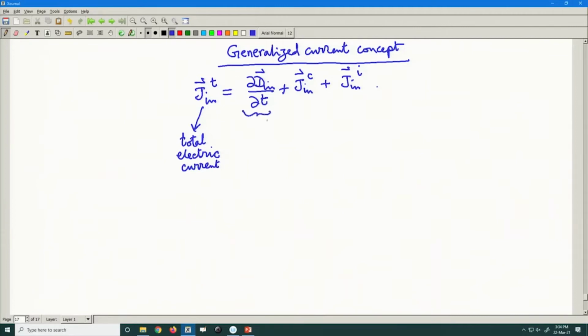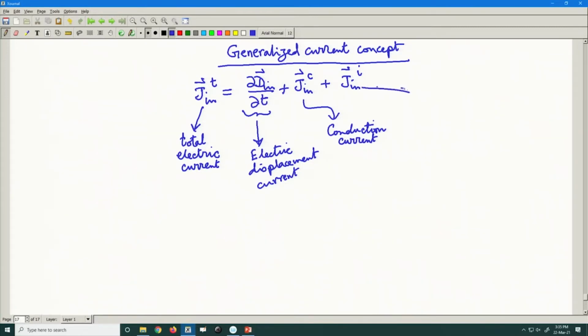This term is called the electric displacement current. This is the conduction current and this is the electric impressed current.